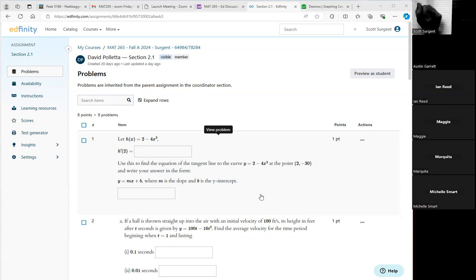We have a function h of x equals 2 take away 4x cubed. We want to know what the derivative value at 2 is, and then we want to find the equation of the tangent line at 2. Well, they give us the y value, which is nice of them. All right, let's do that.